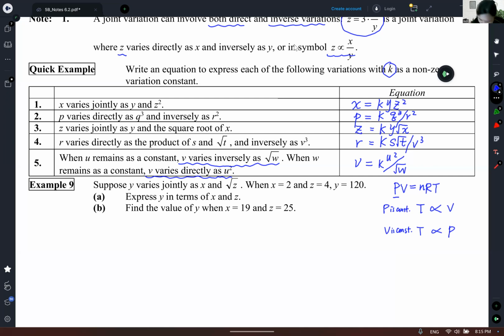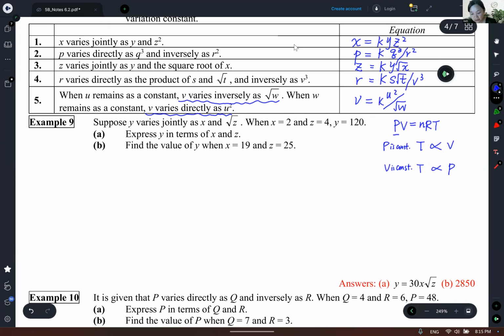I think you know. So look at the example. Suppose y varies jointly as x and square root z. When x, y, and z are given, can you express the formula? It's very simple, I think. Because y varies jointly as x and square root z, therefore I can assume that y equal k times x times square root z.